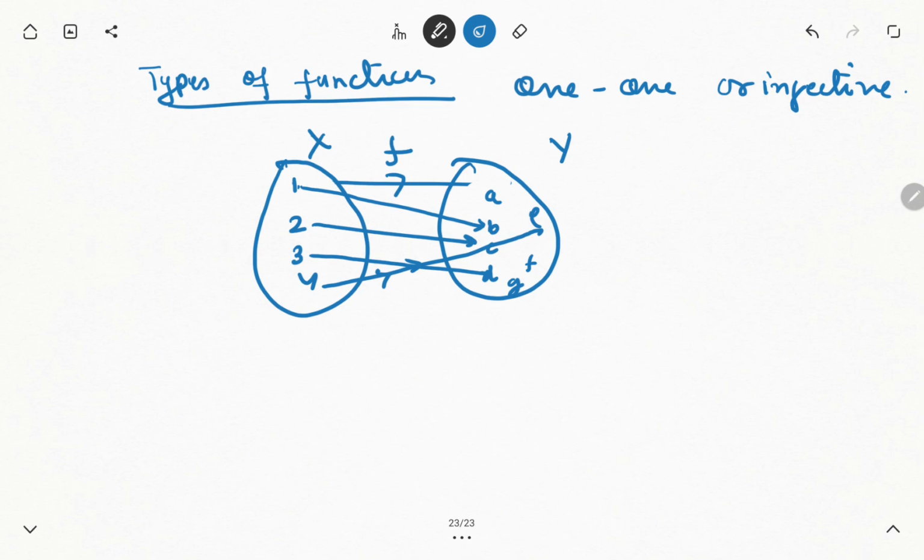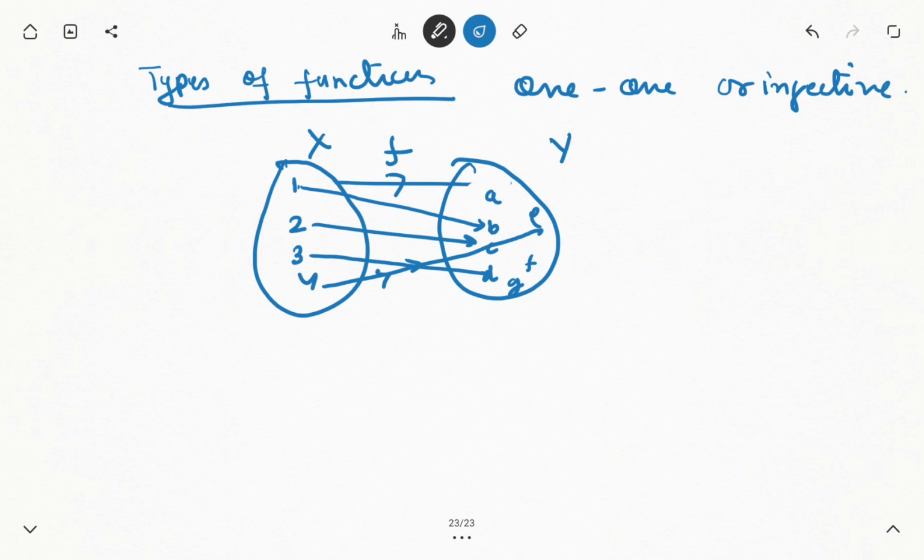The correspondence is one to one. Whatever the relation, we are not bothered for that. We are only showing you by the arrow diagram that 1 is related to B, 2 is related to C, 3 is related to D, and 4 is related to E.